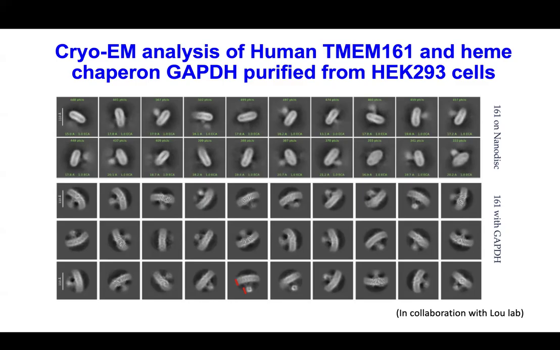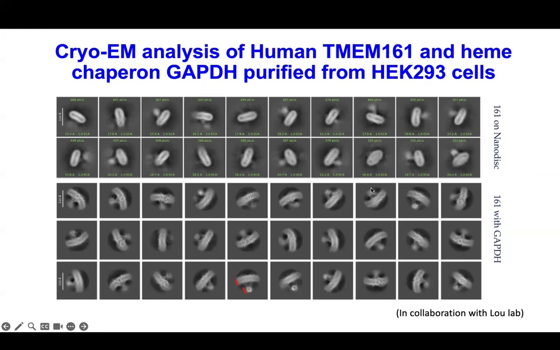So one interesting thing is that on top of this nanodisk, you can actually see the cap of the TMEM161, and the electron density appears to be consistent with GAPDH-bound heme molecule.